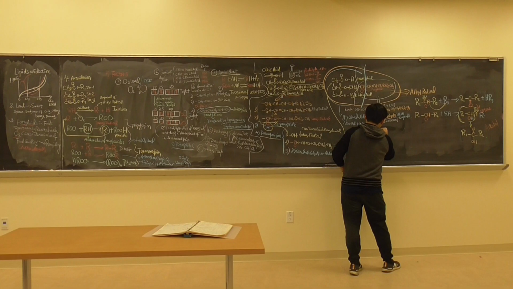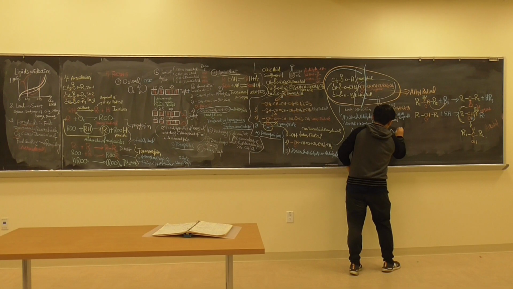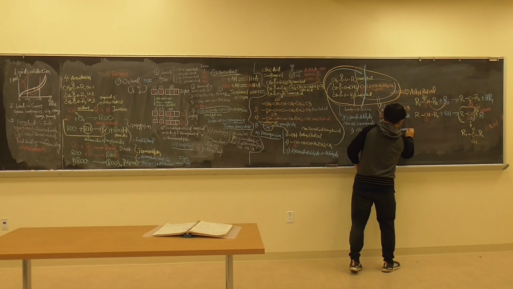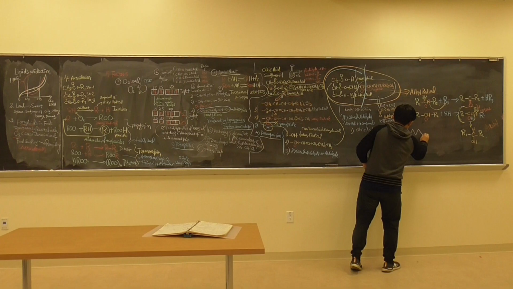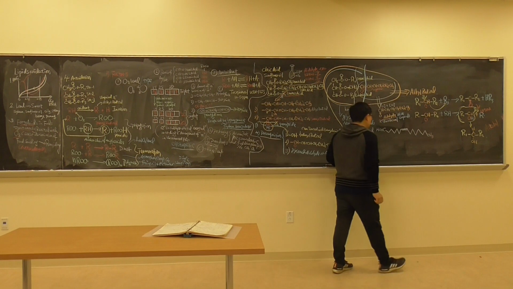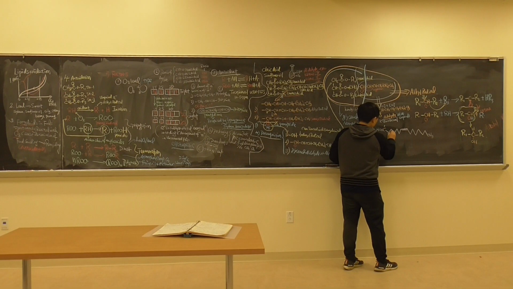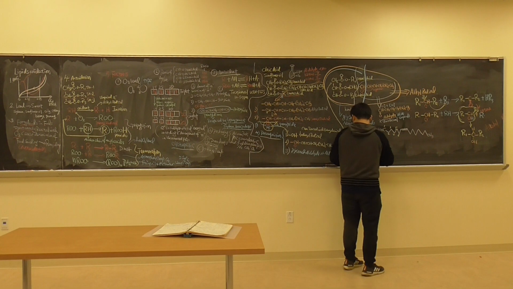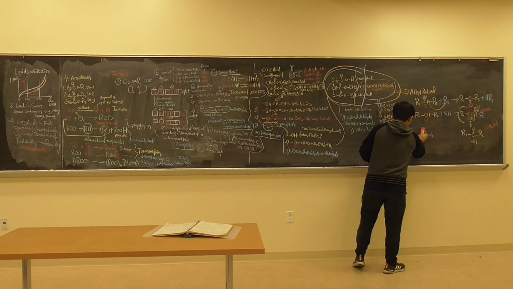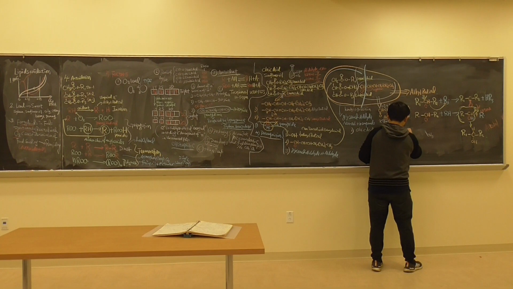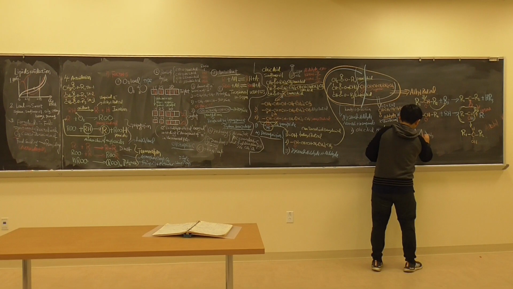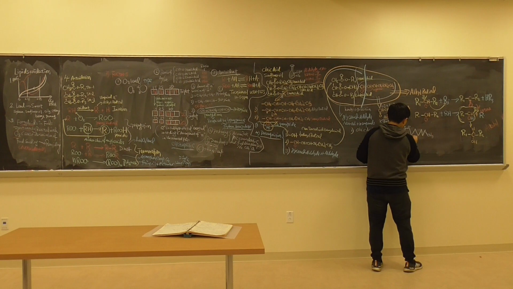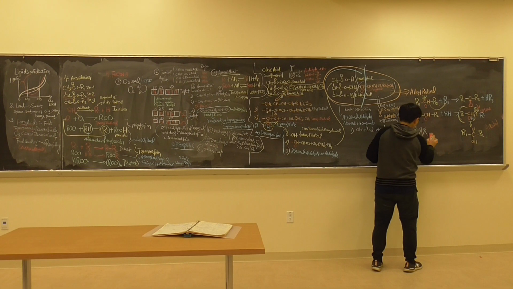So let's do this. I have oleic acid. Okay, so we can label 2, 3, 4, 5, 6, from this one here, 7, 8, 9, 10, 11, 12, 13, 14, 15, 16, 17 goes up, 18.